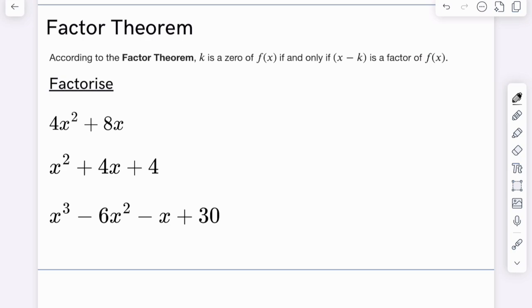So if we look here, if we try to factorize this, we can. What we get is 4x, x plus 2. Over here, we can factorize this to get x plus 2 squared.